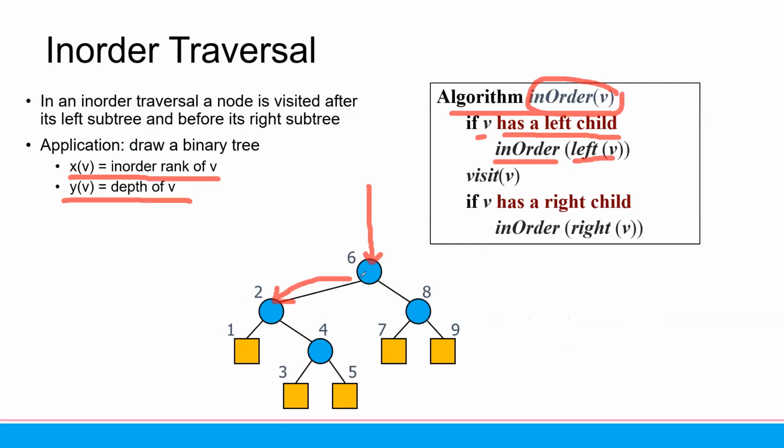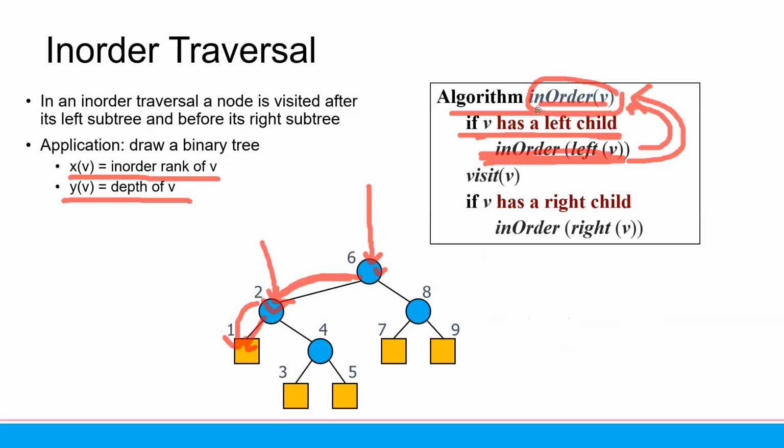So inOrder of the left of the root. Then we will check this one. We call the function again, this is the recursion, inOrder(v). Now we check, v has a left child? Yes. Then inOrder of the left of v. So we will go here and do the recursion.